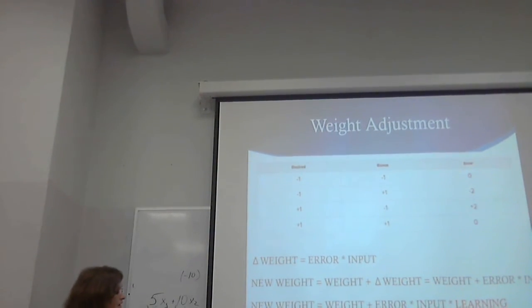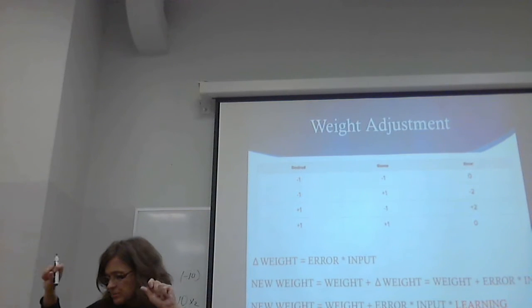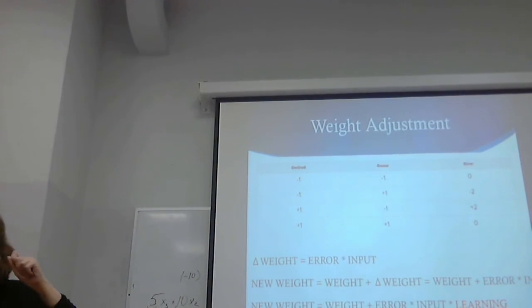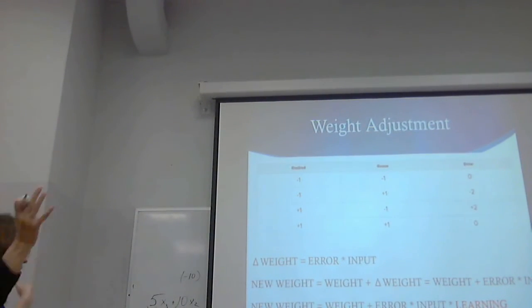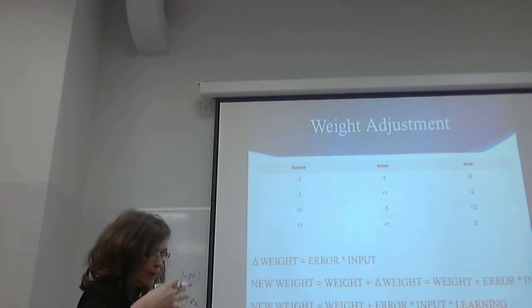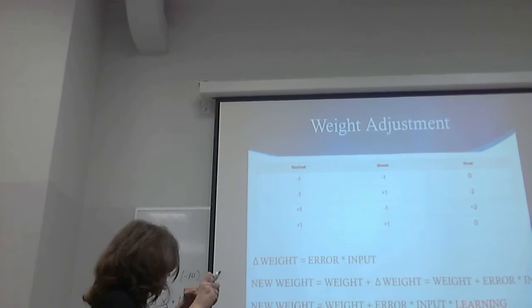So I add this adjustment to 5, and next time I try 5.5 x1 plus 10.1 x2. So I tuned my coefficients a little bit. I changed them, but not right away to the other number, just tuned it a little.